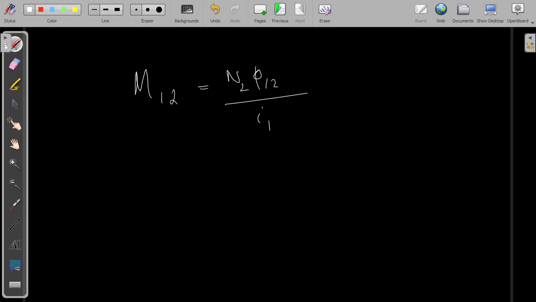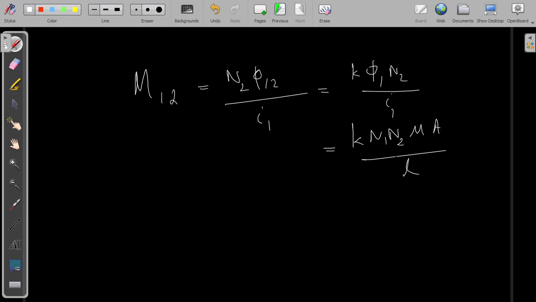Now if you replace phi 12 with K phi 1, you will get K phi 1 N2 by I1, and that will be equal to K N1 N2 mu A by L.